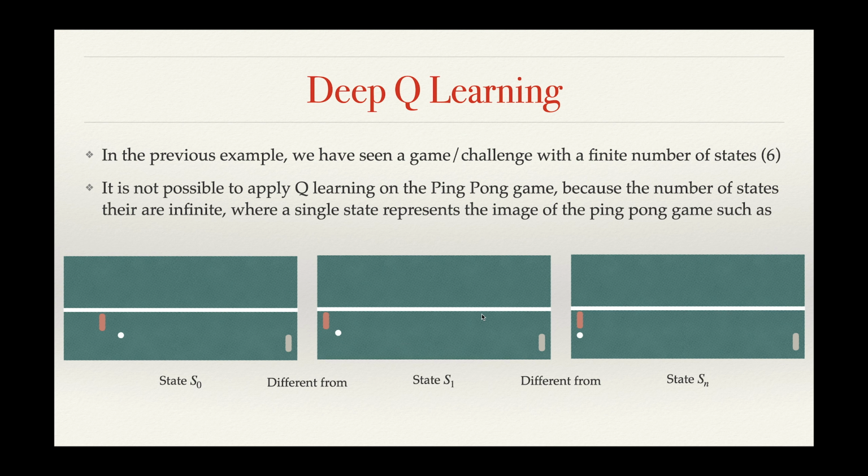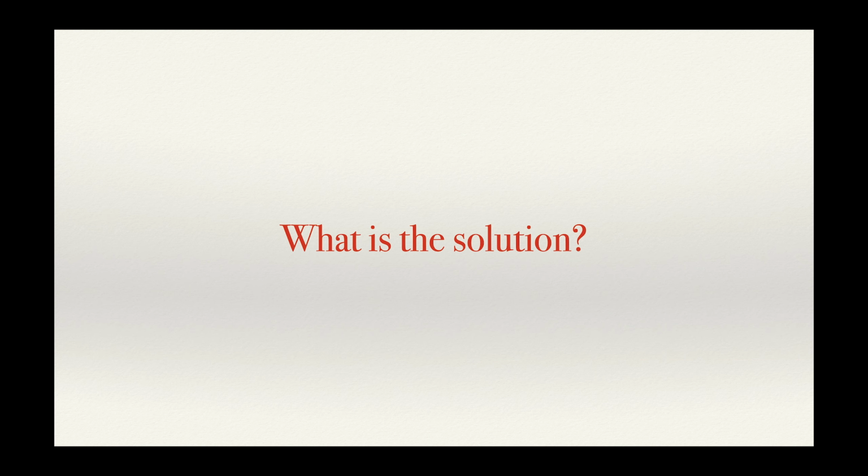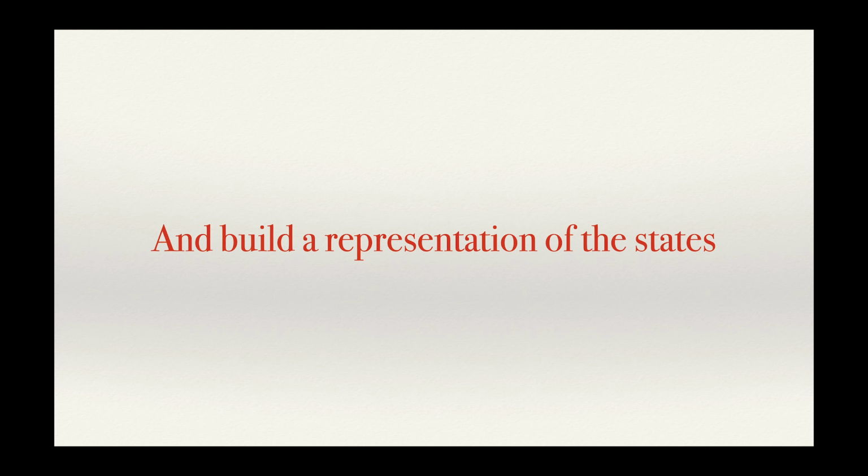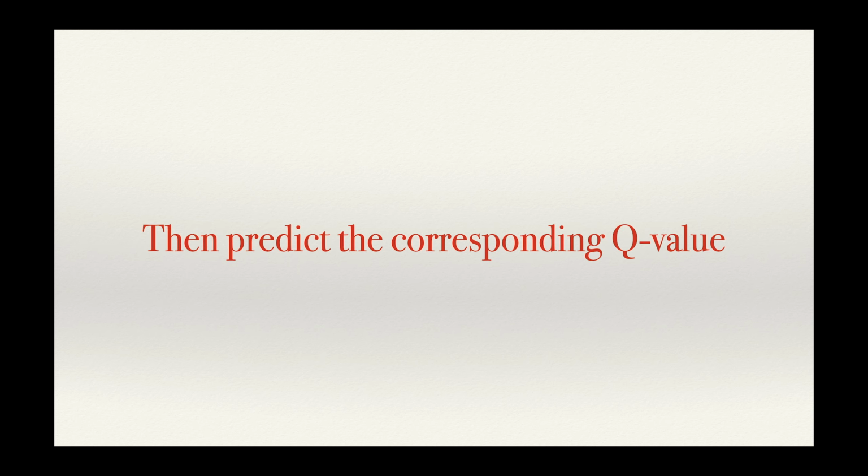And what we do actually here in deep Q learning is we try to build the idea. So what is the solution? The solution is to reduce the dimensionality of the game state, so to reduce the dimensionality of the input scene, the input image, and build a representation of that state using, of course, a neural network.